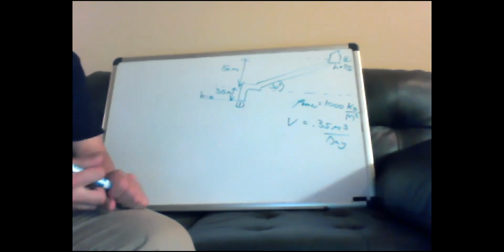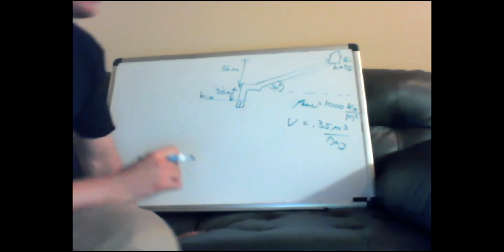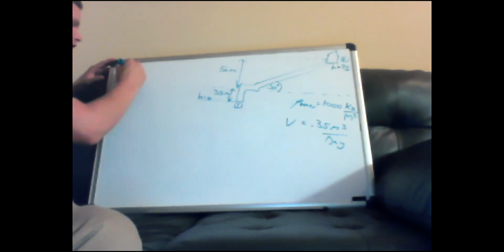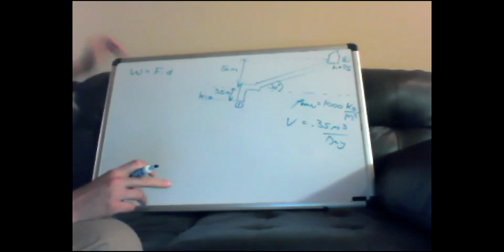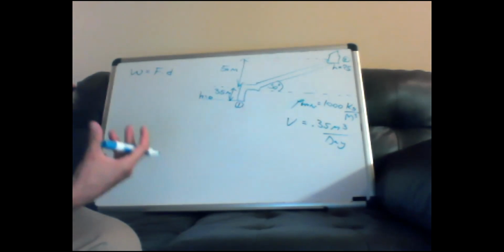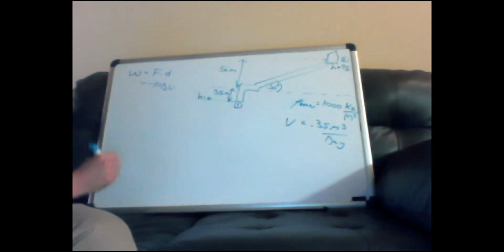Let's just keep in mind, the first part of part A wants to know what the work done is. Keep in mind that work is always just force times distance, but like anything in physics, this is the basic equation, and you can write it a number of ways. The way it's most useful to us is negative pressure times the change in volume.